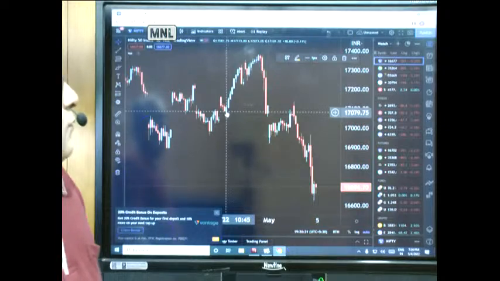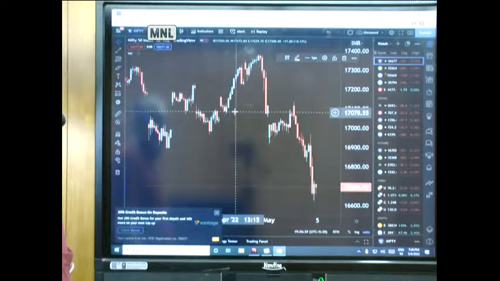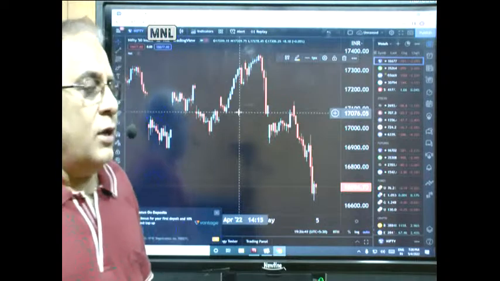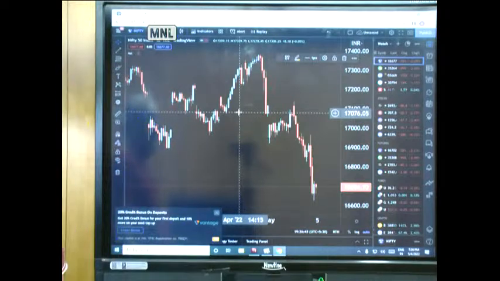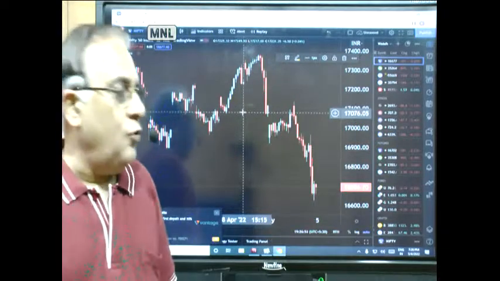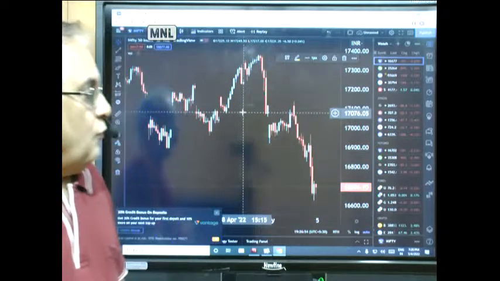So 45 points from any top, you can keep as a trailing stop loss. Now here it went up, and see, 17,309. So 309 minus 45 is 17,265. You can keep a stop loss there, and probably you'd have got stopped out and had a decent profit. So that is what we are to do.